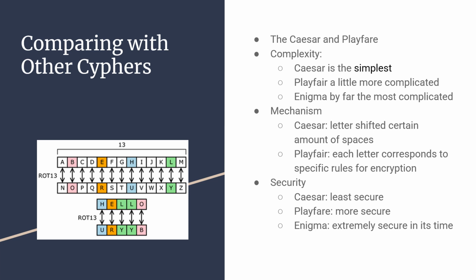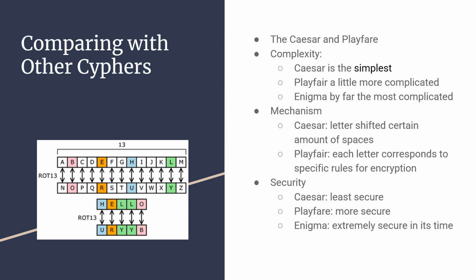As you can see on the left, that's an example of a Caesar cipher where each letter of the alphabet is substituted by another letter depending on the rotation number, which in this case was 13.